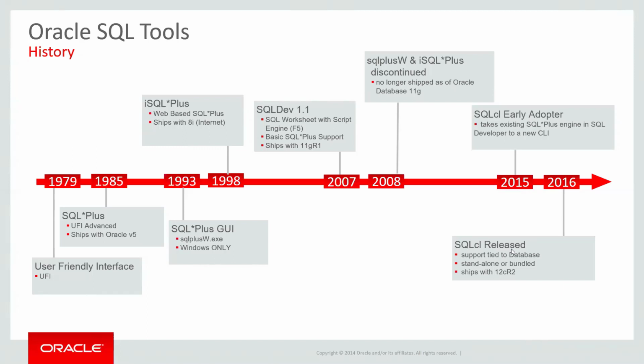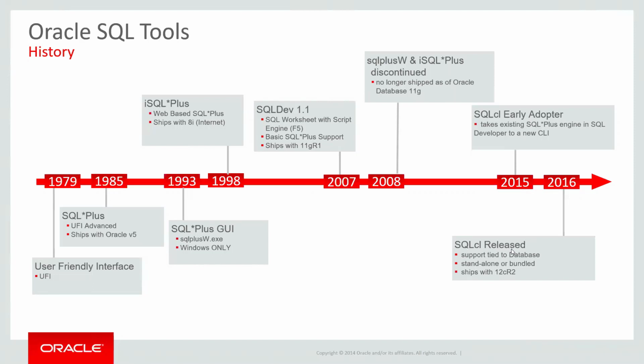And then our team thought to ourselves, hey, maybe we should see if we can do everything SQL+ does, but bring the game up a couple of notches and bring some features that people really liked in SQL Dev to the command line experience. And that product, which is called Oracle SQLcl, I wanted to call it SQL++, and I was told, no, we can't do that.